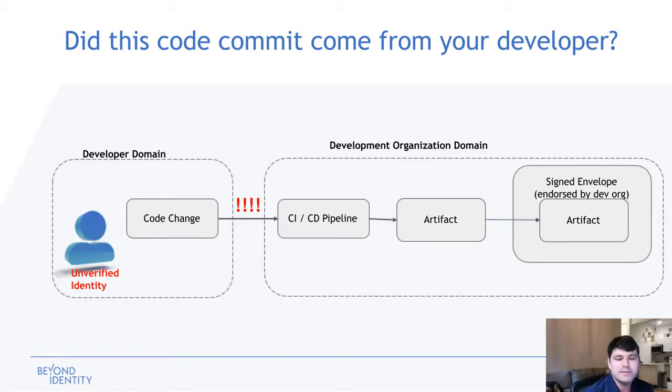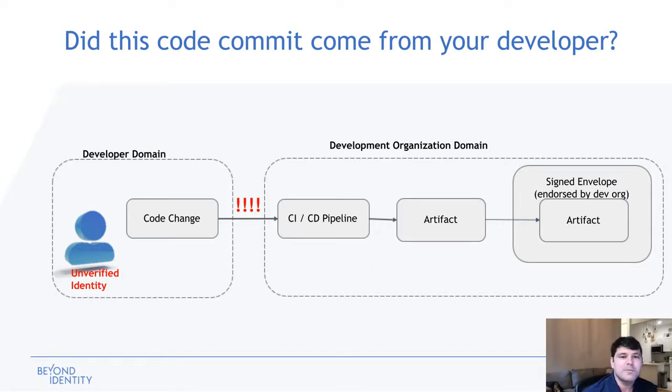Now, today when we talk about code signing, most organizations sign the produced artifact, what comes out of the CI/CD pipeline. And very rarely does an organization sign the code change that goes into the CI/CD pipeline. The problem with this model is that the organization is endorsing the artifact, but it cannot confirm a submitted code change that went into the pipeline.